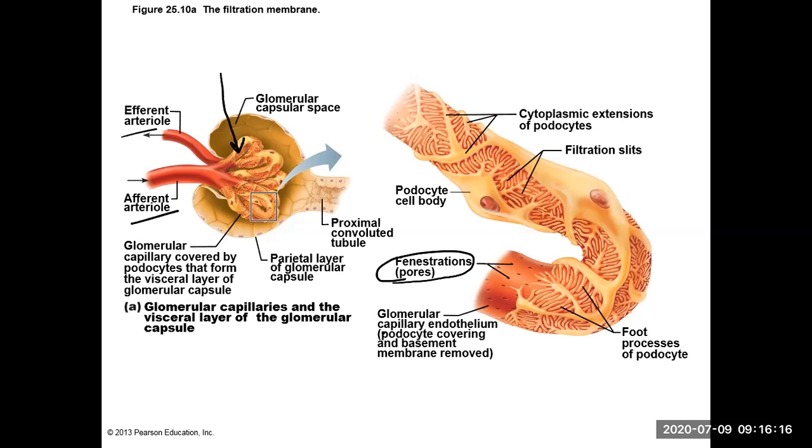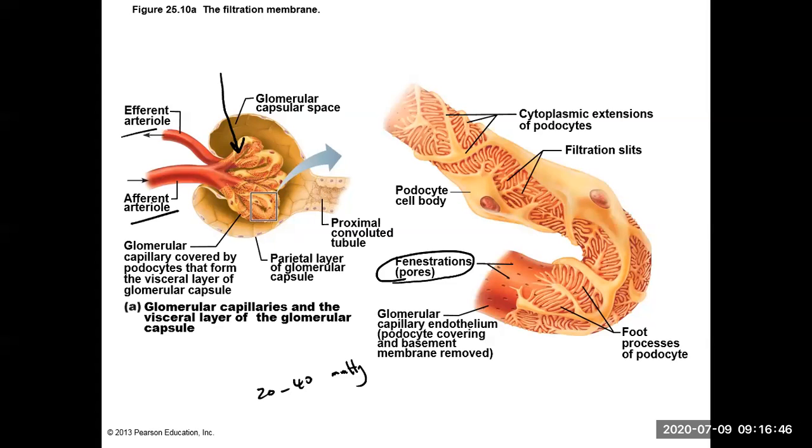Normally, we mentioned that the blood pressure in the capillaries is about 20 to 40 millimeters of mercury. In these capillaries the pressure is about 55. They have tiny little holes and are specialized in doing the filtration, so that they can hold up more pressure.